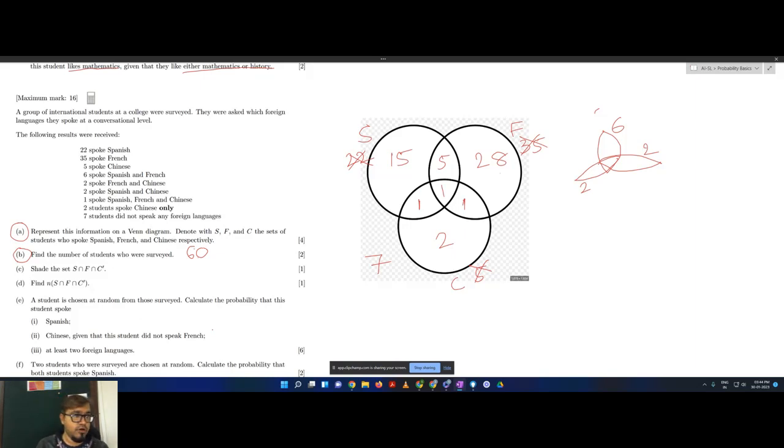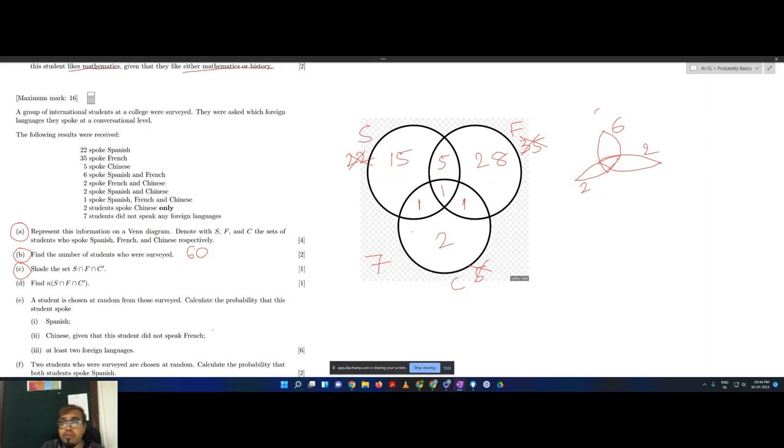Next part asks to shade the set S intersection F intersection C prime. So what does it mean? How many of them spoke Spanish and French but not Chinese? Who spoke Spanish and French, so S intersection F intersection C prime.